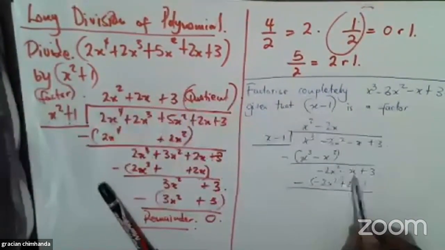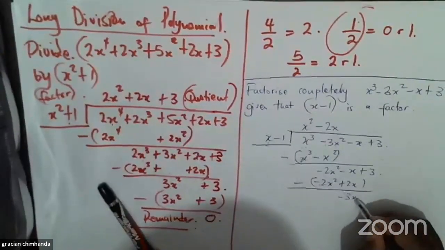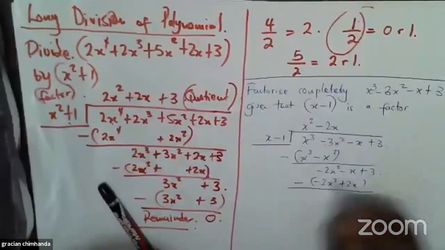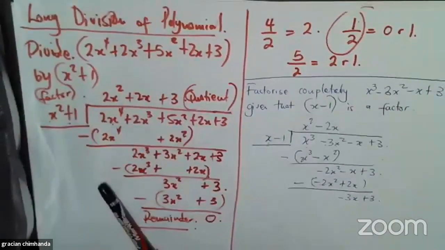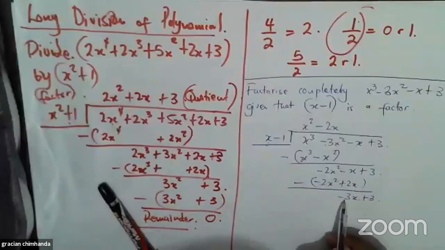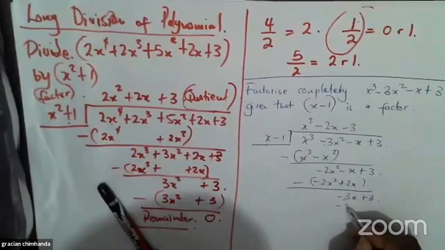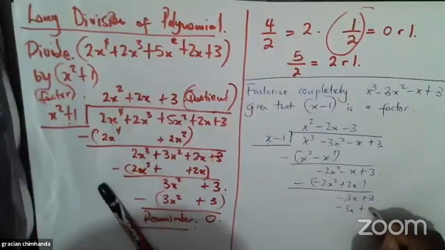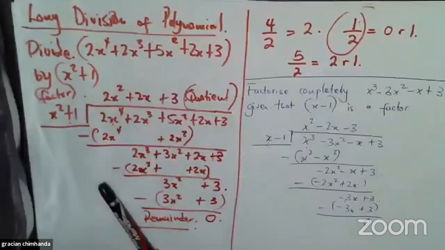So minus x minus 2x is minus 3x, and 3 minus 0 is plus 3. We go again. X into minus 3x, I get minus 3. Then I multiply, it's minus 3x plus 3. If I subtract, it is equal to 0.